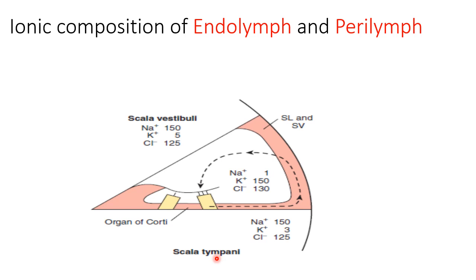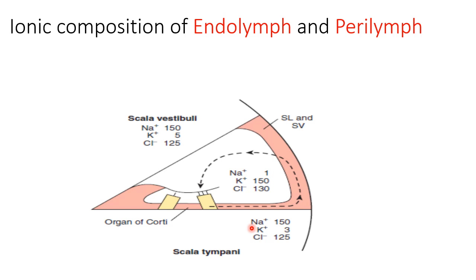Check the composition of this perilymph, where the sodium concentration is more than potassium concentration, and the composition of ions is exactly like cerebrospinal fluid, which we have already discussed.